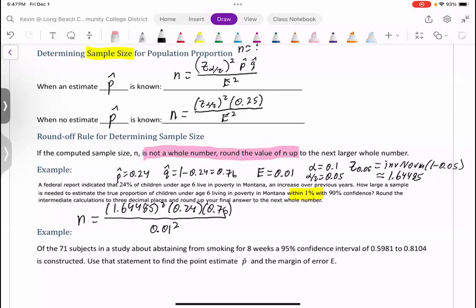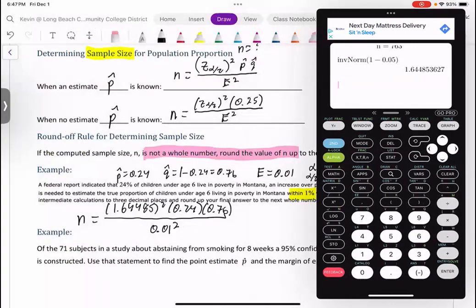And let's put that in our calculator. So here we go. I'm going to square that, the previous answer there, times 0.24 times 0.76 divided by 0.01 squared. Ooh, quite large. Remember, again, we're going to round up.